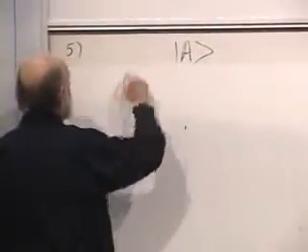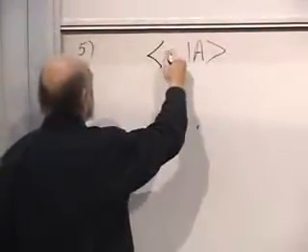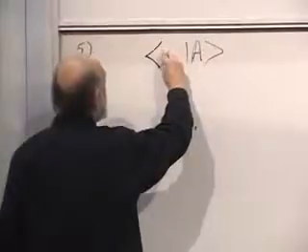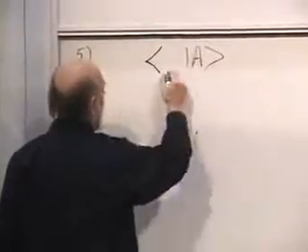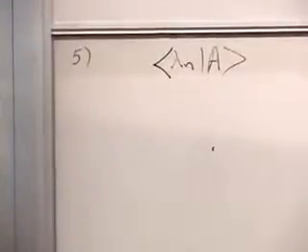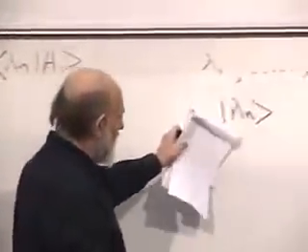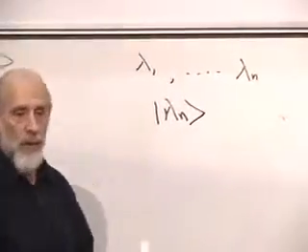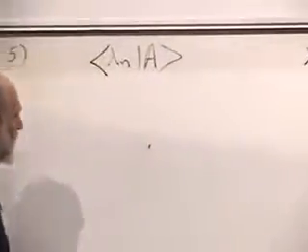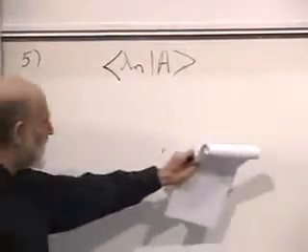The postulate is that if you calculate the component of the vector A along the axis lambda n, okay? Think of these lambda n's as a basis set. They're a basis set which goes together with the particular observable, made up out of the eigenvectors of that observable.